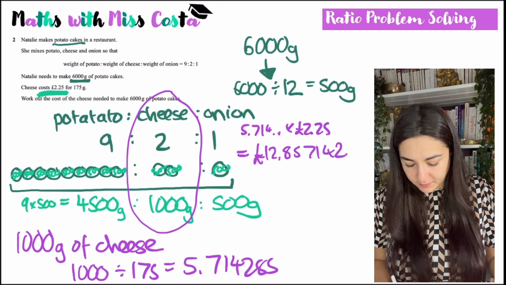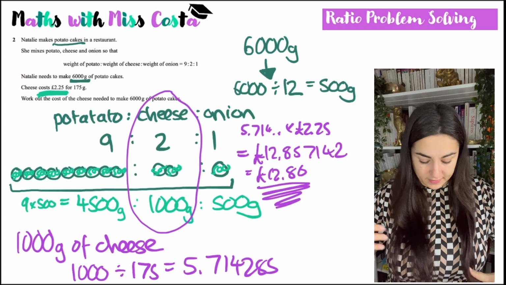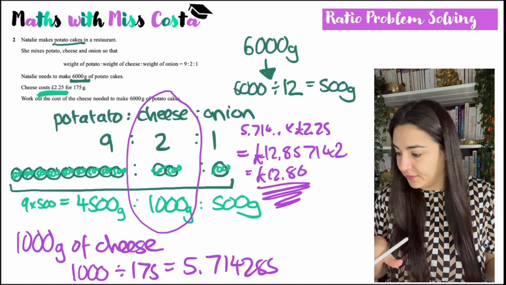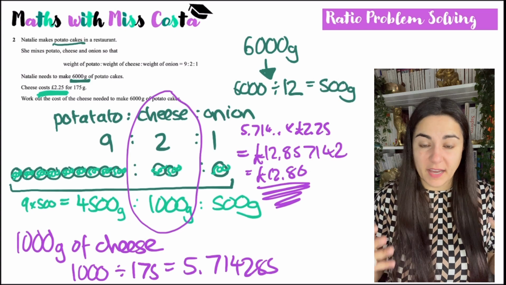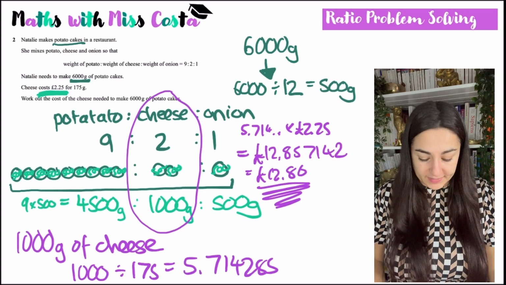So obviously you'd round that to the nearest penny, £12.86. But if you did round it up to 6, you would still be fine, because an answer in the range of 12.85 to 13.5 would get you the mark, so long as you've shown the relevant working. So that's how we do that.